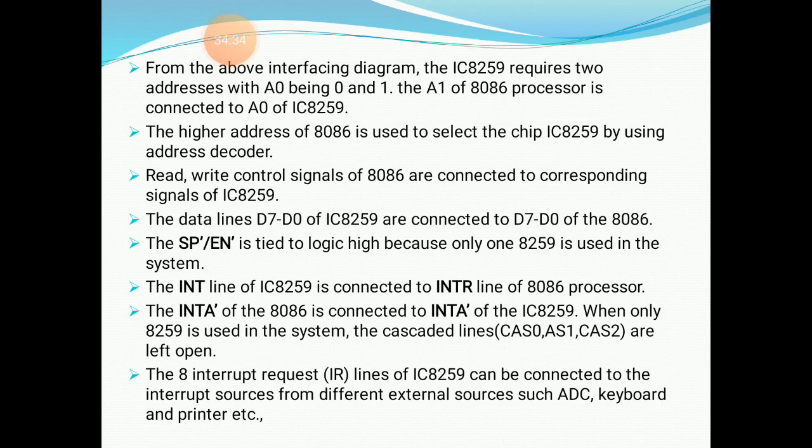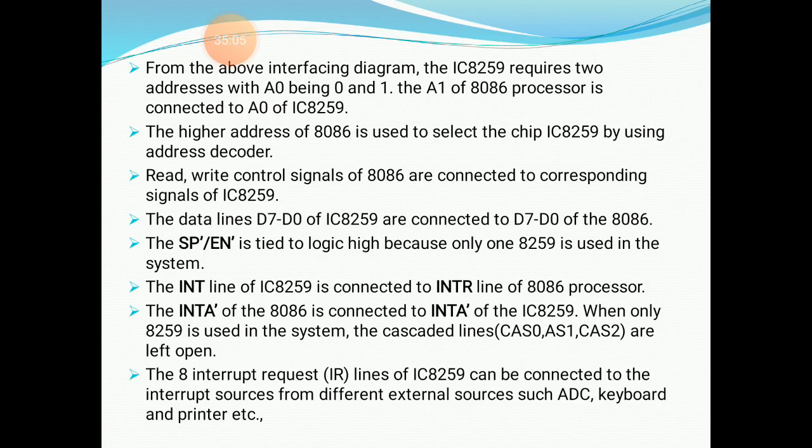The read and write control signals of the microprocessor are connected to the corresponding signals of the IC 8259. The data lines D7 to D0 of the IC 8259 are connected to the data lines of the microprocessor. And SP bar / EN bar is tied to logic high because only a single 8259 is used in the system. In case of cascade mode, this pin is connected to plus 5 volts.